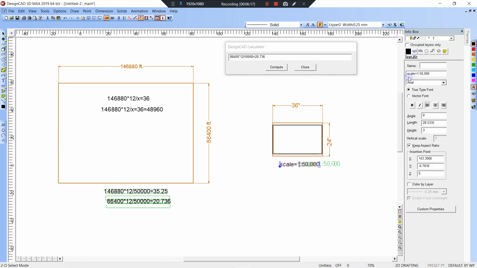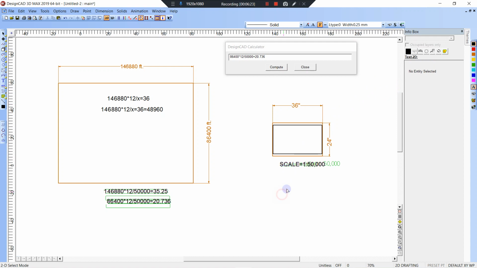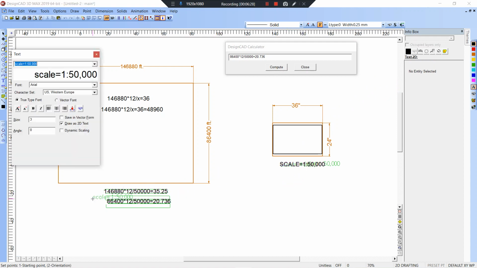Let's change that to capital letters. All right. And then here it would be actually the opposite. You'd have T scale equals 50 to 1.